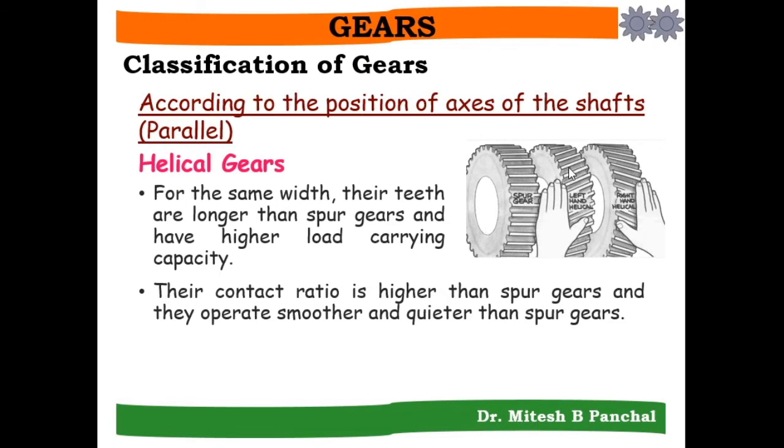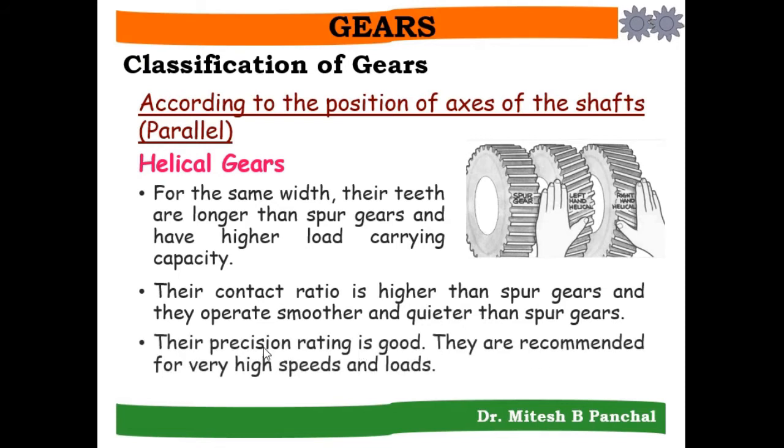That means for the same width of the gear, the length of the gear tooth is less for the spur gear compared to the helical gear. Their contact ratio is higher than spur gears, means due to the higher tooth length, the contact ratio between two mating teeth is higher than the spur gear, and the operation is smoother and quieter than the spur gear.